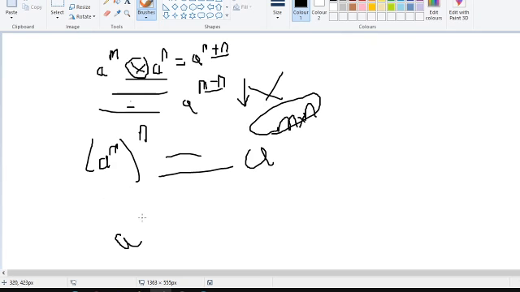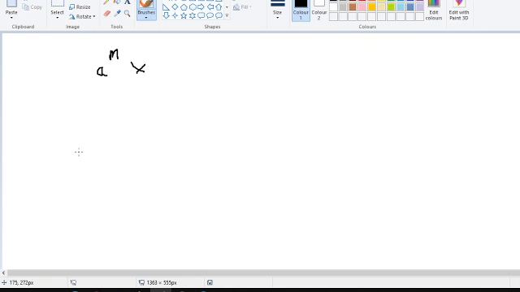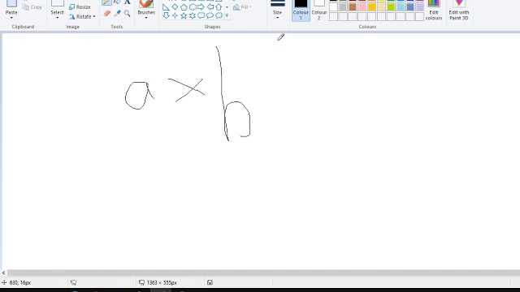And the final one, which you need to know for A-Level and GCSE, is (ab)^n, and that is a^n b^n. Okay? So how you can imagine this one is quite literally a times b, all to the n.